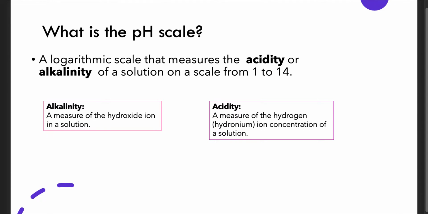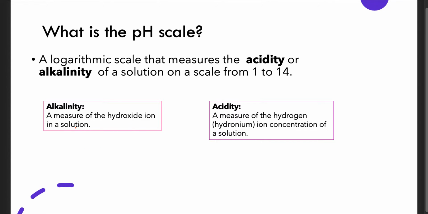So this leads us to what a pH scale is. The more formal definition of it is a logarithmic scale that measures the acidity or alkalinity of a solution on a scale from 1 to 14. Defining certain terms here, alkalinity is a measure of the hydroxide ion in a solution.